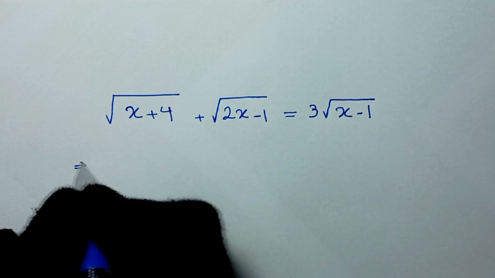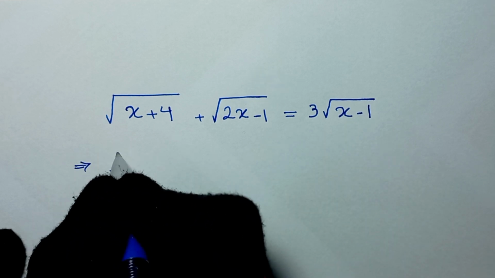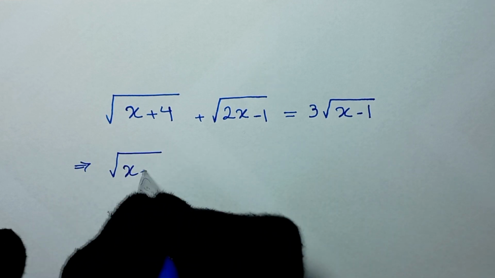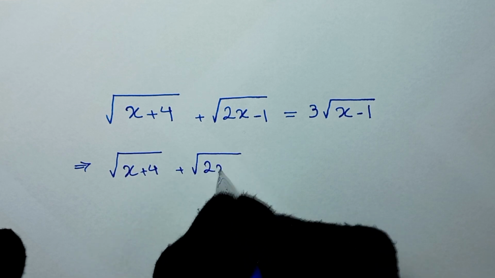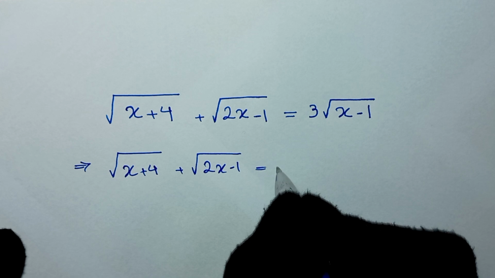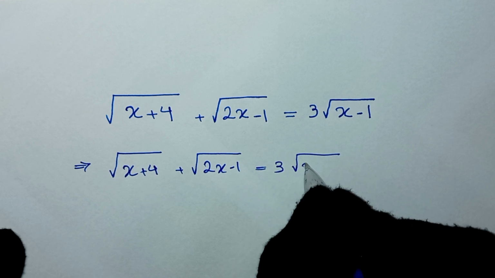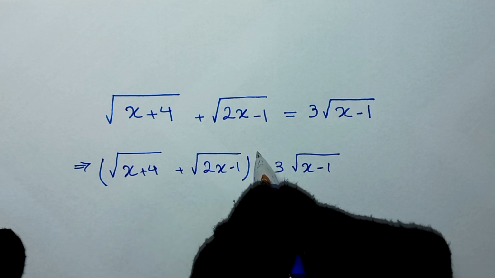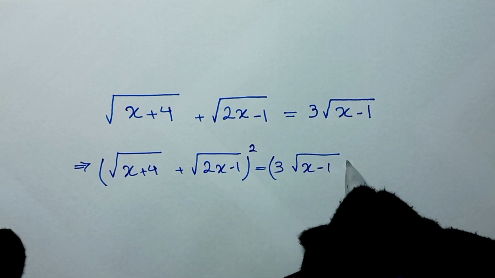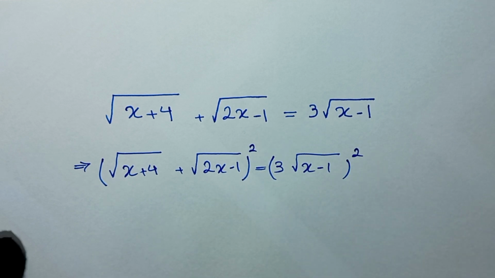So, square root of x plus 4 plus square root of 2x minus 1 is equal to 3 square root of x minus 1, and this side to the power of 2 and this side to the power of 2.